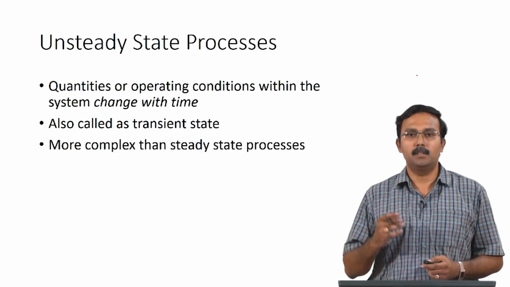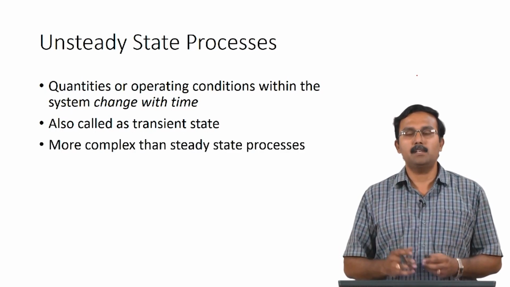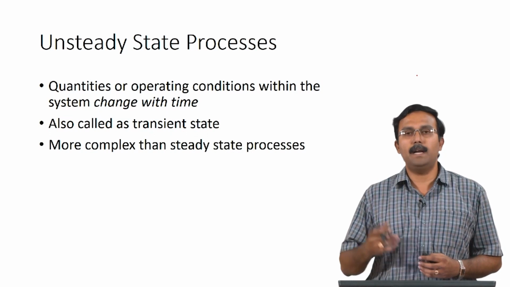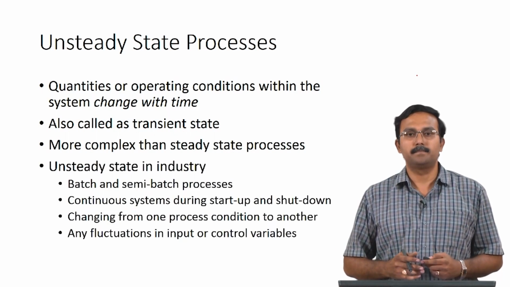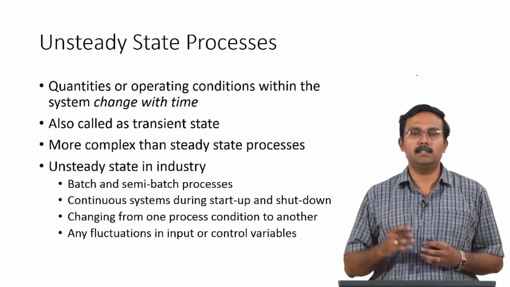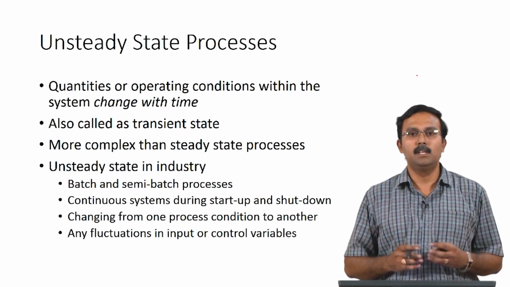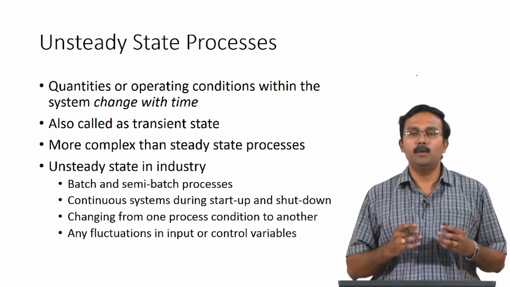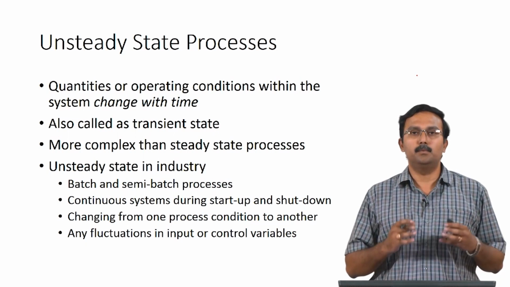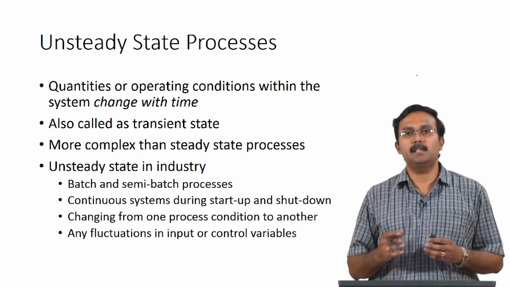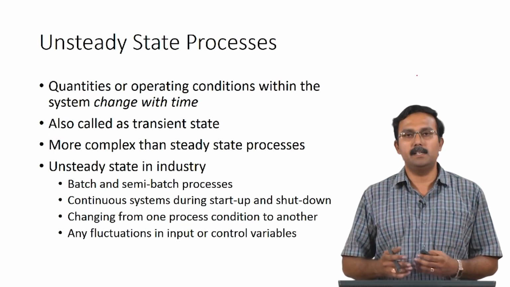These complex systems are actually more tedious to solve compared to steady state processes. Unsteady state processes in the industry could be seen in batch or semi-batch processes or continuous systems during startup and shutdown. When the system is fully operational, they usually operate at steady state.